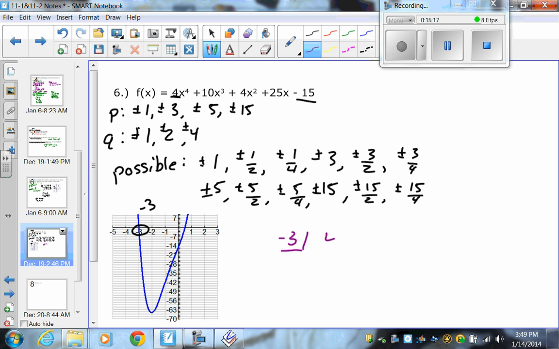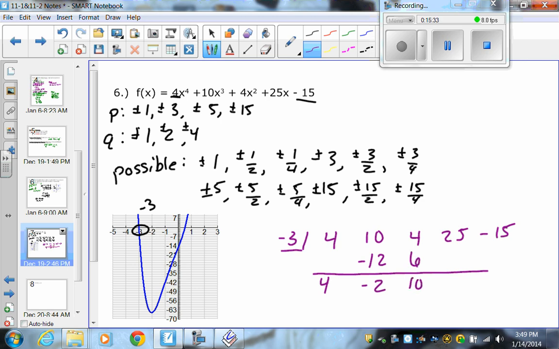My coefficients are 4, 10, 4, 25, and -15. That gives me -12, -2, 6, 10, -30, -5, 15, and 0.